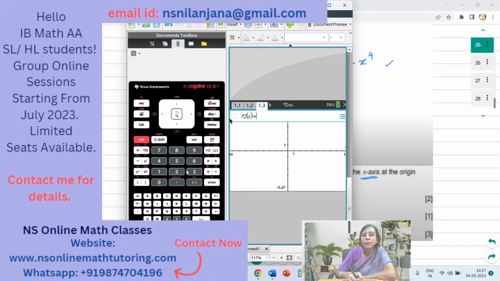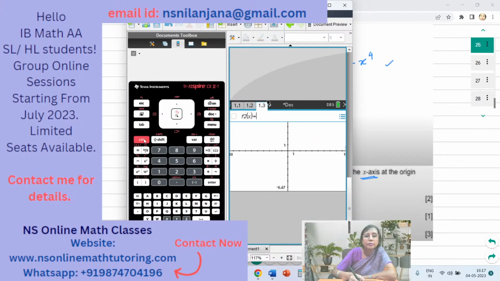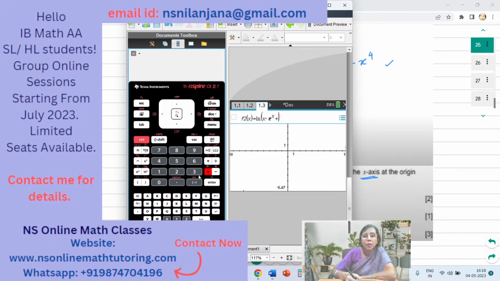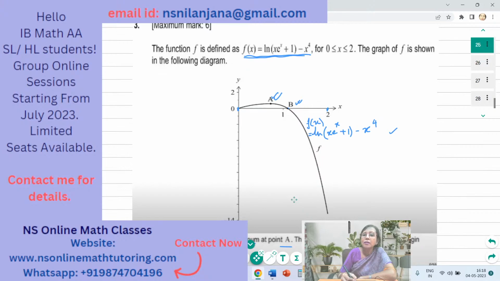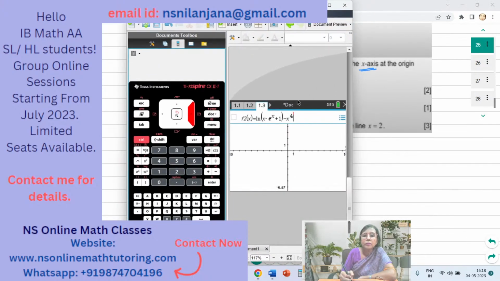Add graphs. ln of x to the x times e to the power of x plus 1, minus x to the power of 4.